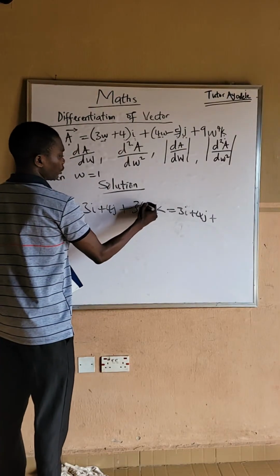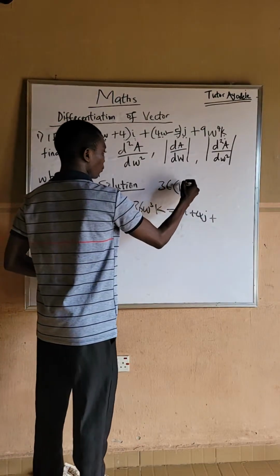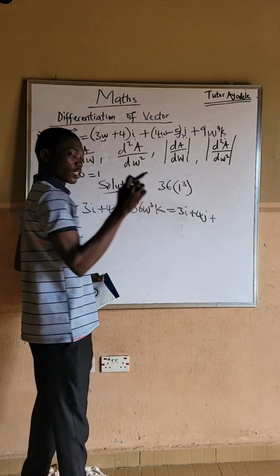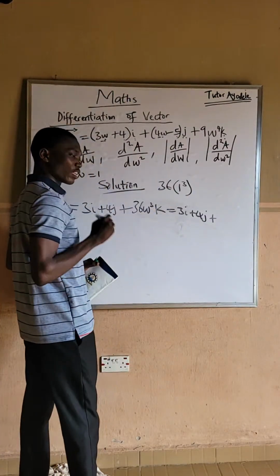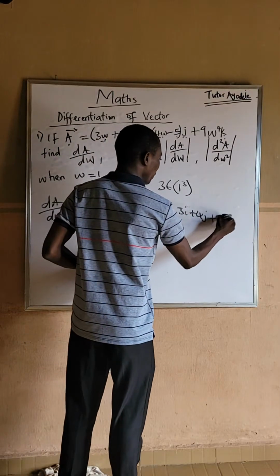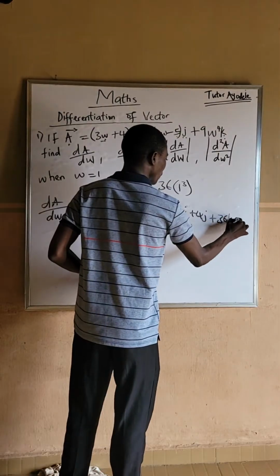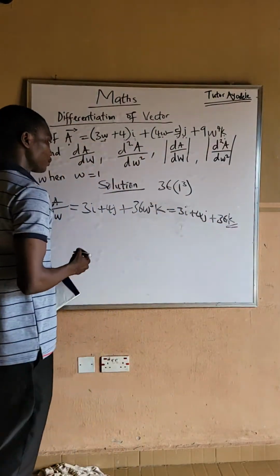So this will be 36 into bracket 1 raised to the power of 3. Okay? Because W here is 1. So 1 raised to the power of 3 will still give me 1. So 1 times 36 will give me what? 36. So here will be 36K. Okay? So that is our final answer to that.